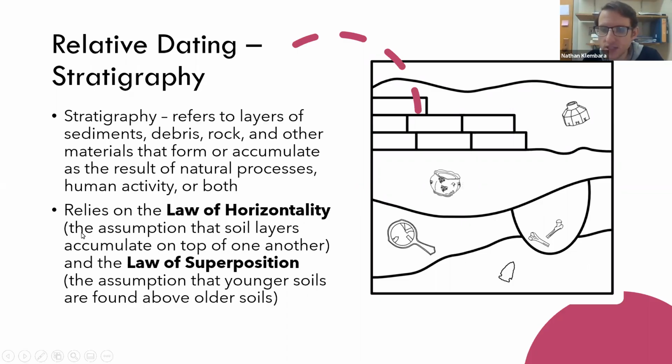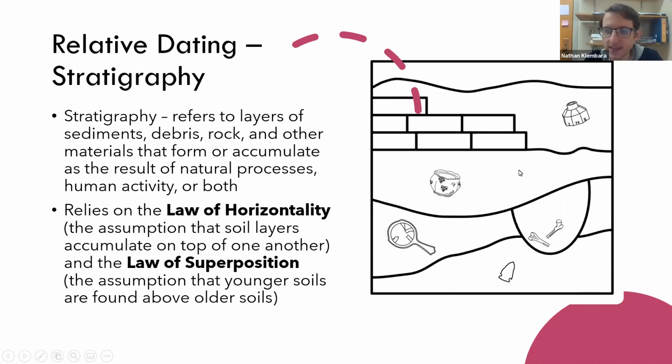So if we look at this image here, we can look at these stratigraphic layers. This layer down here with this arrowhead in it is the oldest layer, right? And then the next oldest layer would be this hand mirror with the broken glass. We don't know how old either of these objects are just because of stratigraphy. But what we do know is that this mirror with the broken glass is younger than the arrowhead because it is in the layer right above it.